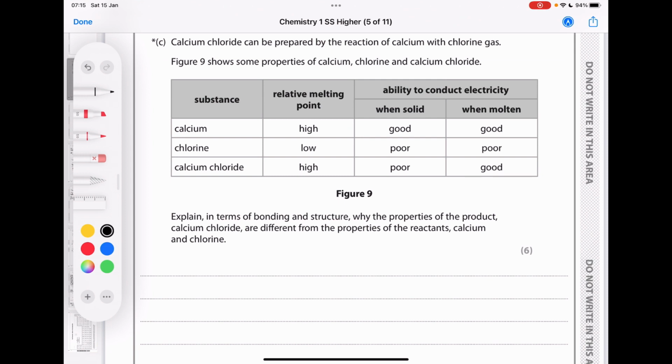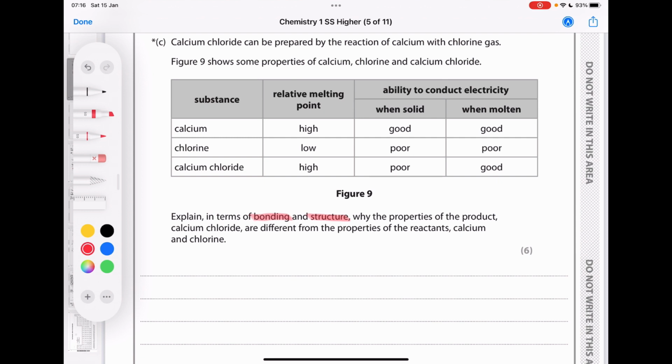Question C is another long answer question. You are asked to explain in terms of bonding and structure why the properties of calcium chloride are different from the properties of reactants calcium and chlorine. Lots of people just completely ignored the things about bonding and structure and started talking about how calcium chloride is the average of calcium and chlorine.